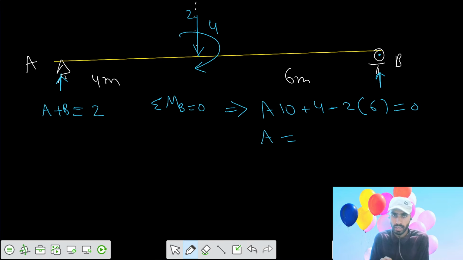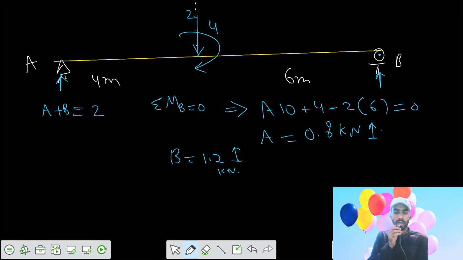Yeah, it's 0.8. That's 12 minus 4, that's 8 by 10, 0.8. So your reaction A is 0.8 kilonewton upwards, and your reaction B would be 2 minus 0.8, that's your 1.2 kilonewton upwards.